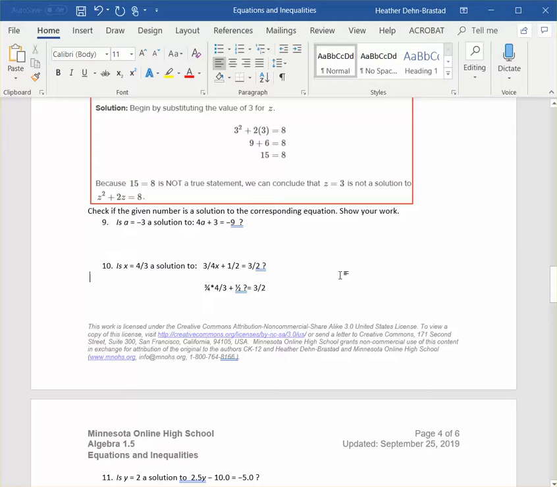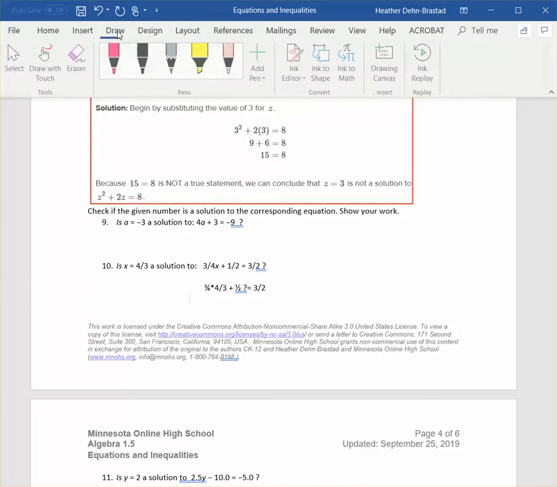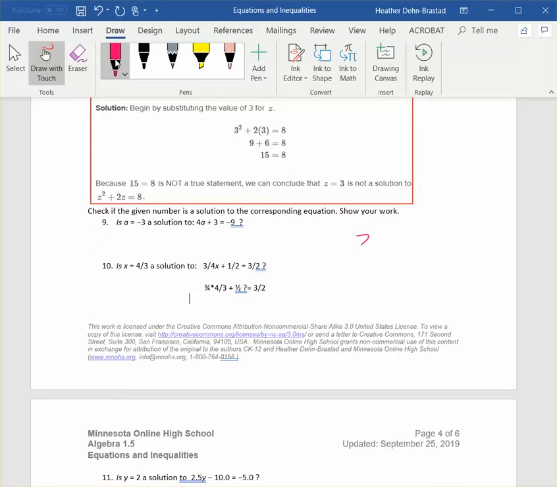All right, so we are going to simplify the left side now. The left side is 3/4 times 4/3. Whoa, 3/4 times 4/3 is equal to 1, because the 3's cancel and the 4's cancel.